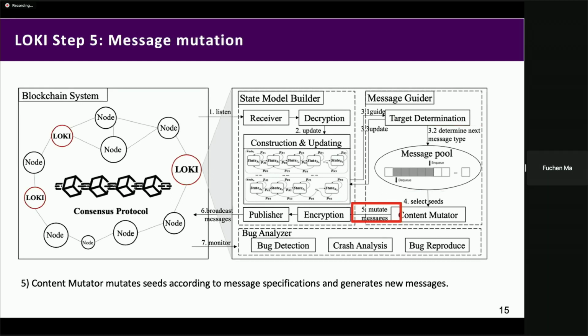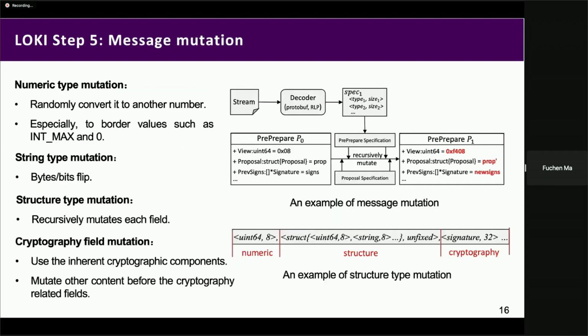After that, LOKI mutates the message according to its type. Here we design different mutation strategies according to the field type. For the numeric type, we randomly mutate them to another number. Especially, LOKI will mutate them to some border values, such as the maximum of integer or 0.